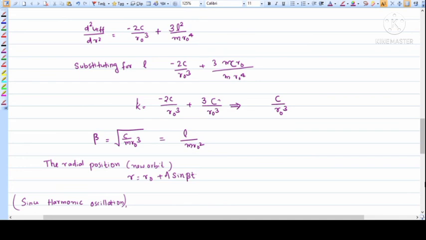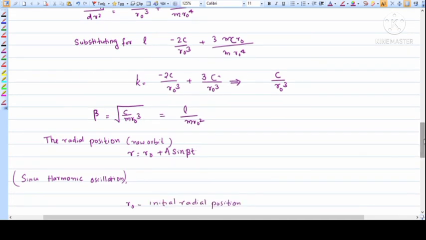Just calculate all this, and so we have found that beta is equal to L by M R0 square. And now we can find the radial position, that is the R value of the new orbit. The R value of the new orbit is taken as R, and it is equal to the initial radial position plus A sin beta t.